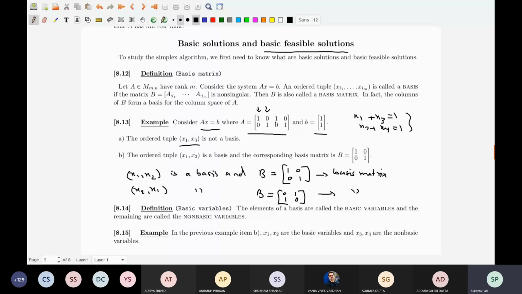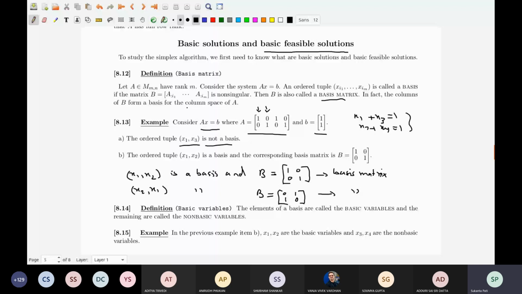In general, an ordered tuple like xi1, xi2, ..., xim is called a basis if this matrix is non-singular. It is an m by m matrix, and if it is non-singular, then it is called a basis matrix. In fact, these columns form a basis for the column space of A. The column space is sometimes also known as the range.